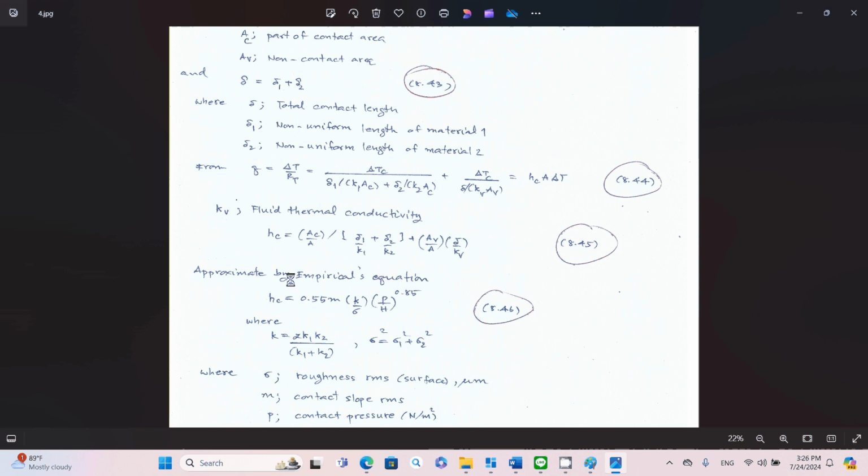And by applying an empirical equation, this is approximated by equation 8.46.